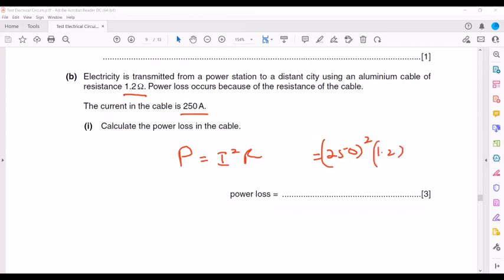So 250 squared times 1.2 will give us 75,000 watts. So 75,000 watts is the power which is lost in the transmission lines.